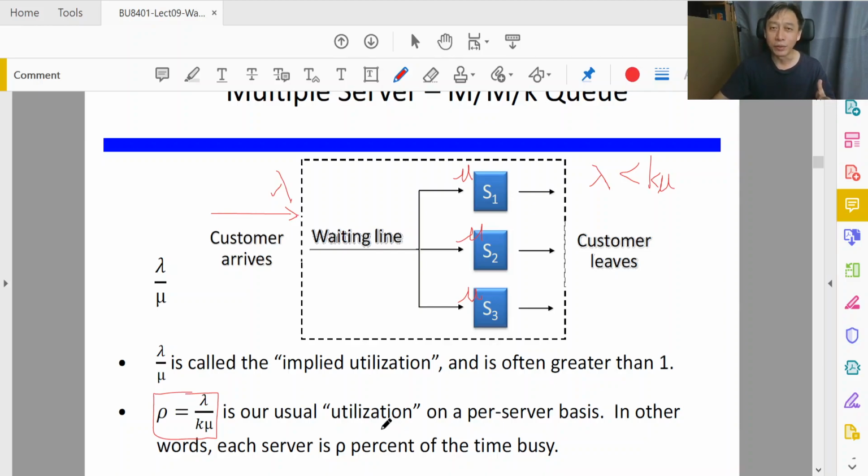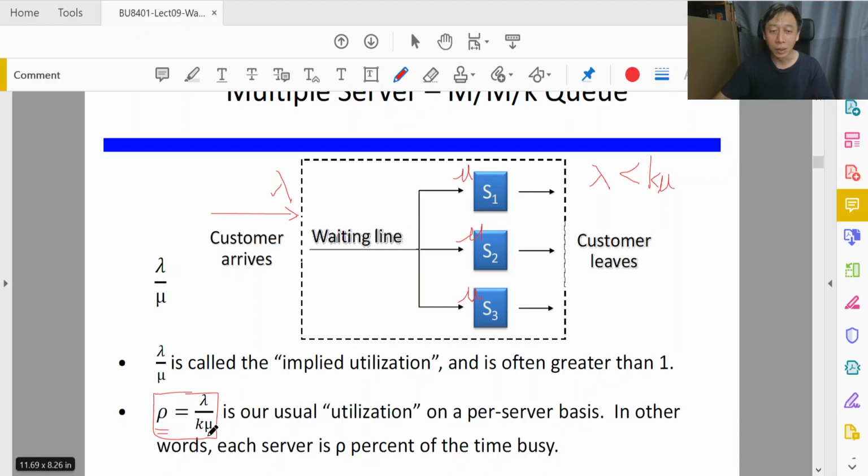And rho refers to some sort of a percentage, a number between 0 to 1, to reflect how many percent of the time, if you snapshot the server 100 times, how many times would you see that the server is busy? So we notice that the server is busy when it is facing a customer. All right. So when there's a pairing between customer and a server, then that server is busy.